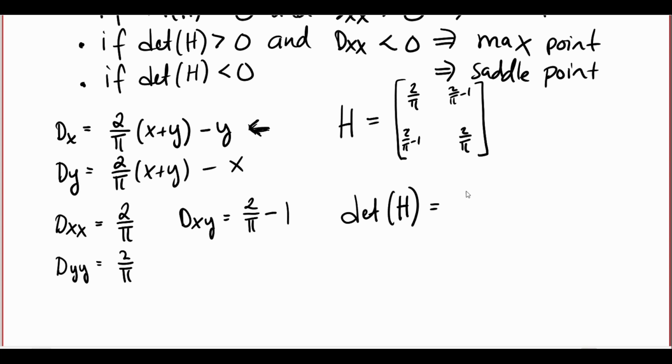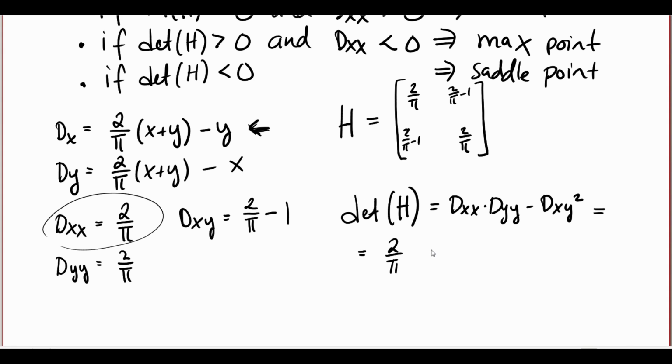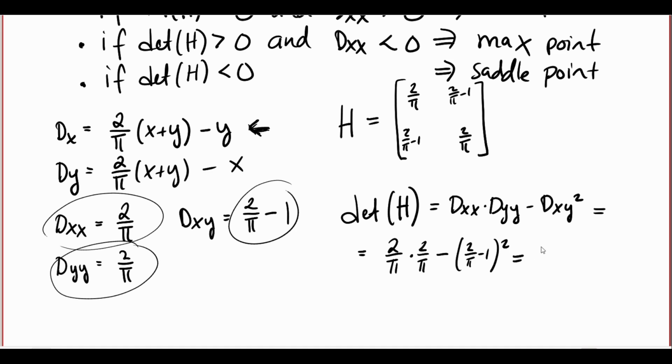So let's write the whole expression like this. We have dxx times dyy minus dxy squared. So dxx is 2 over pi times dyy, which is 2 over pi, minus this one squared, so 2 over pi minus 1 squared. I have pre-computed it before, so it's 0.27.